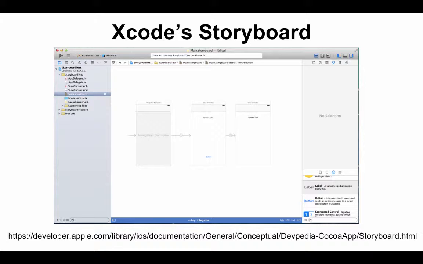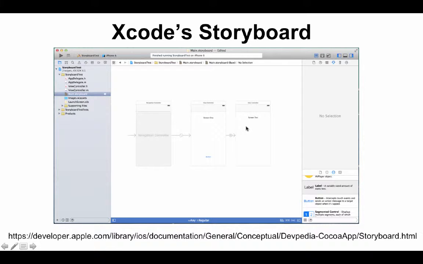A storyboard is composed of a sequence of scenes, each of which represents a view controller. So these are view controllers here, and its views. Scenes are connected by segue objects. So these are segue objects, which represent a transition between 2 view controllers. So here's a segue, and then here's the 2 view controllers.